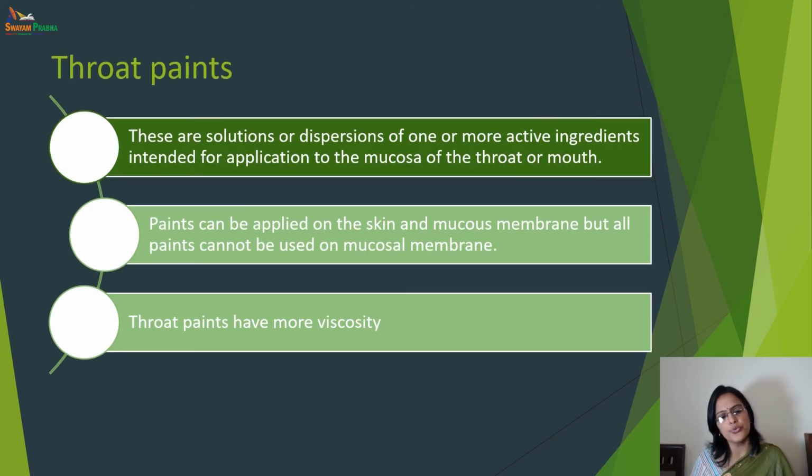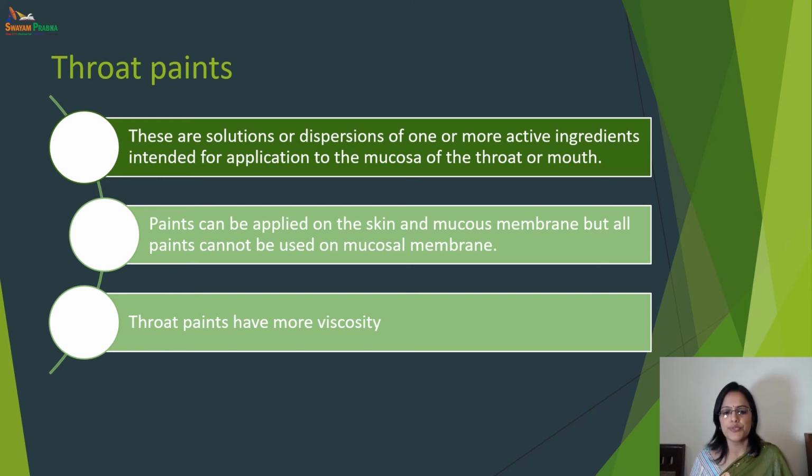Now moving to the next topic in this module, which is throat paints. So these are solutions or dispersions of one or more active ingredients intended for application to the mucosa of the throat or mouth, right? So paints can be applied on the skin and mucous membrane, but all paints cannot be used on mucosal membrane.